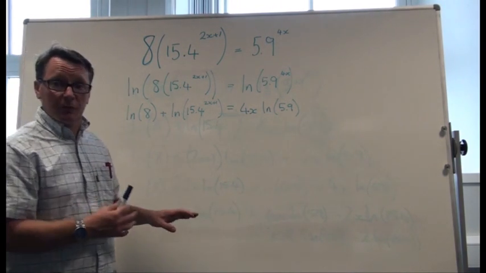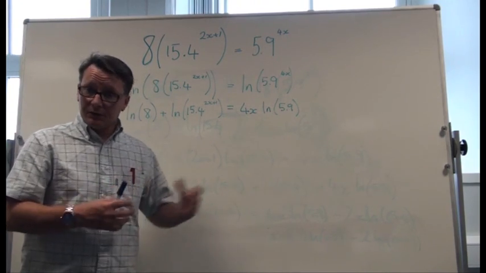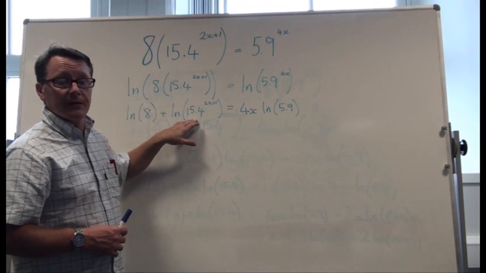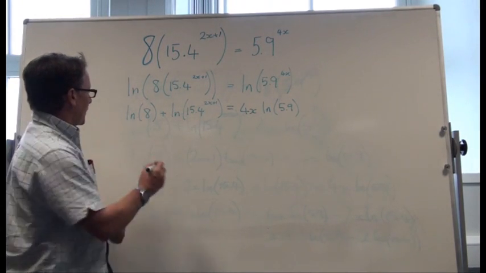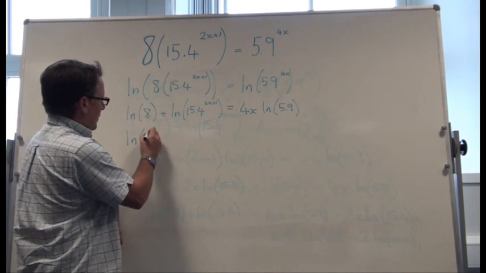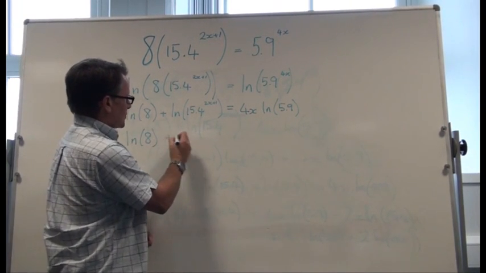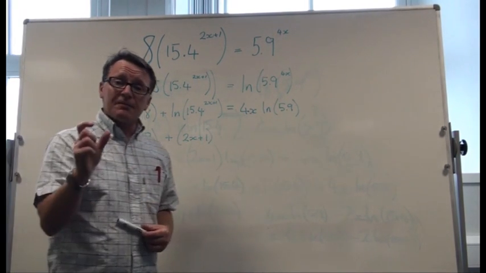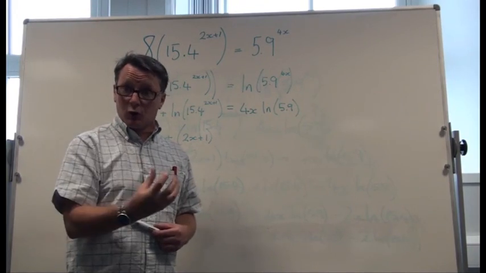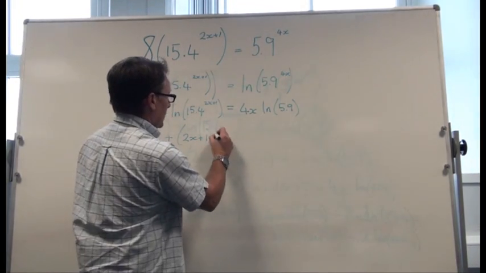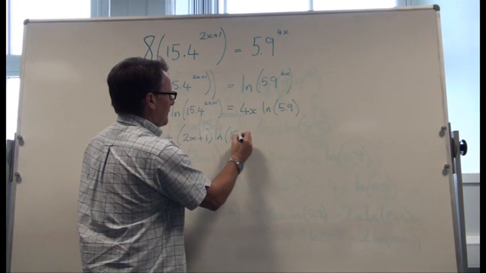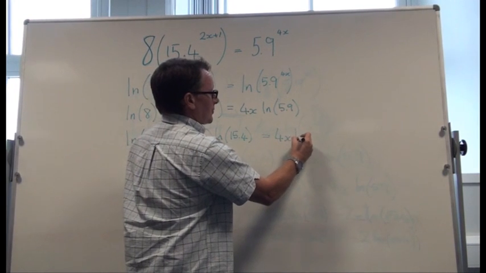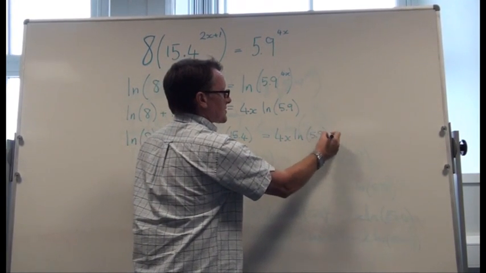And then we've got something which is very similar to what we had on the right-hand side originally. We can bring the power down in this expression and write the whole line as the log of 8 plus (2x plus 1), and notice I've put the 2x plus 1 in brackets because it's the whole power which you need to bring down, times the log of 15.4, and that's equal to the expression that we already have on the right-hand side.